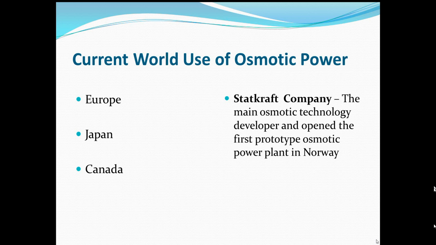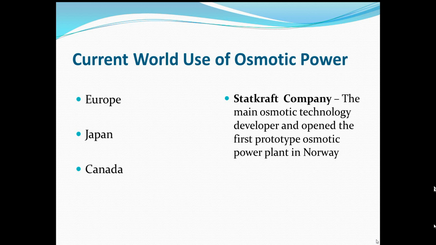The European company Statkraft is the main technology developer and opened the first osmotic power plant in Norway in 1998, and this prototype has been generating electricity since 2009.